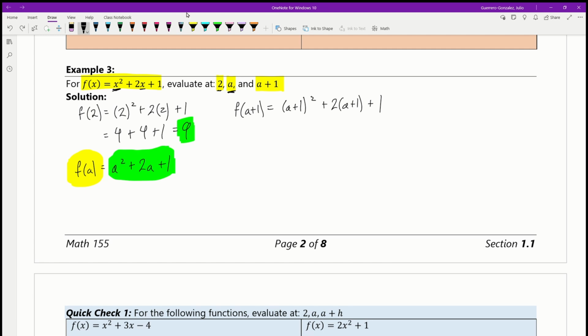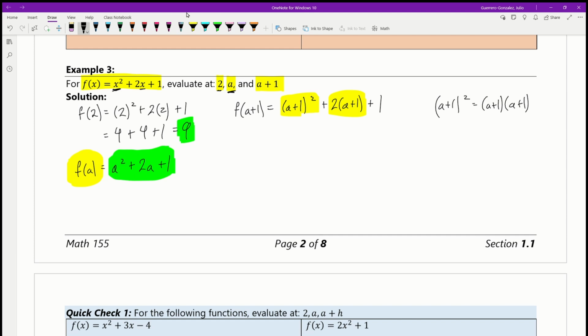Here's where we need our algebra. Okay? I need this thing to be expanded, and I need this to be expanded. Okay? So I'm going to do it over here. a plus 1 squared is equal to a plus 1 times a plus 1. Since I'm squaring it, I have to multiply it by itself, right?